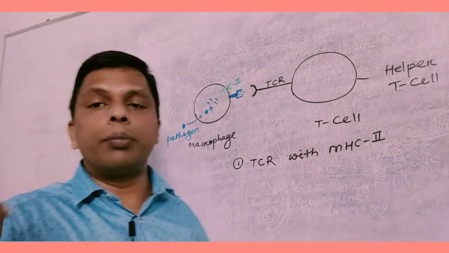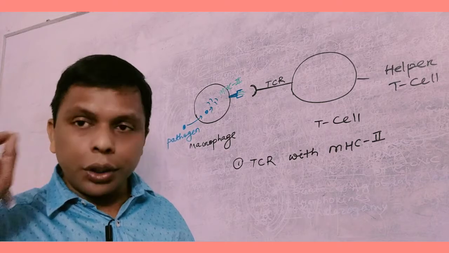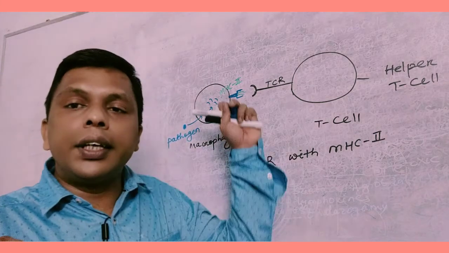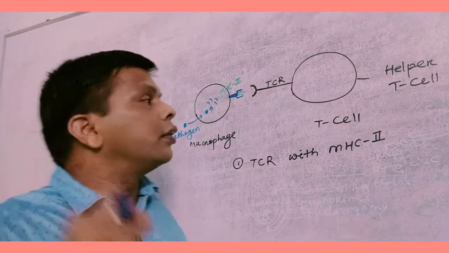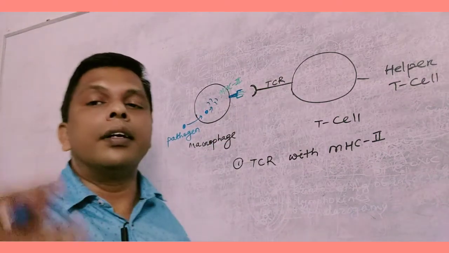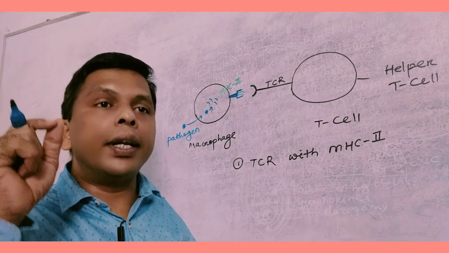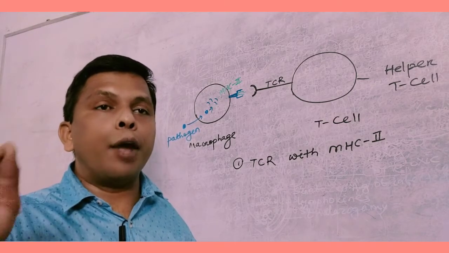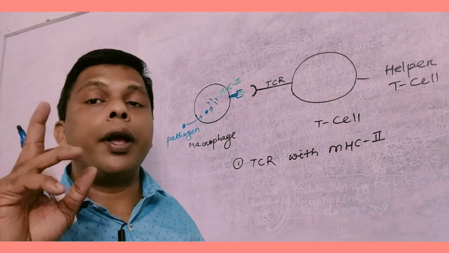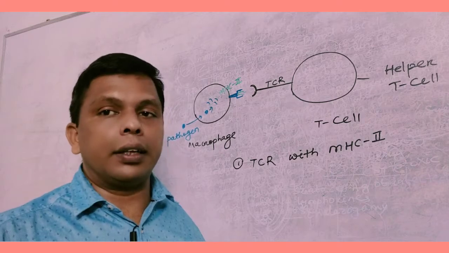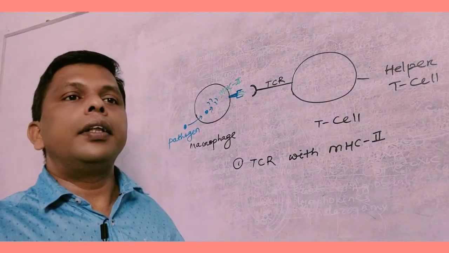MHC2 already consists of the pathogen's proteinous component that is degraded inside it, so it shows the protein to activate the T cell. So there is a basic interaction between MHC2 and the T cell receptor, and it is the first and prime essential for activating the T cell.